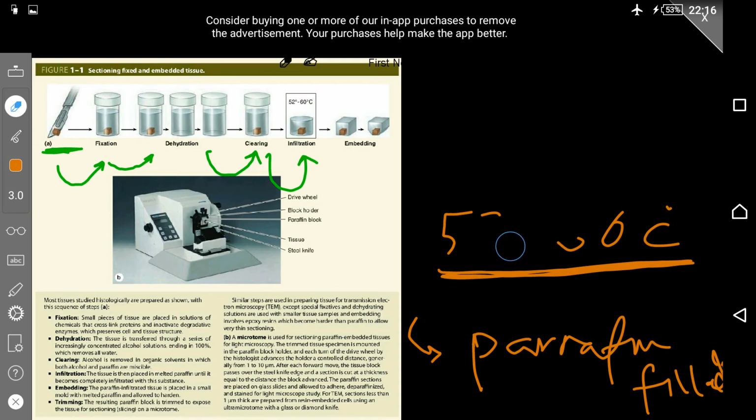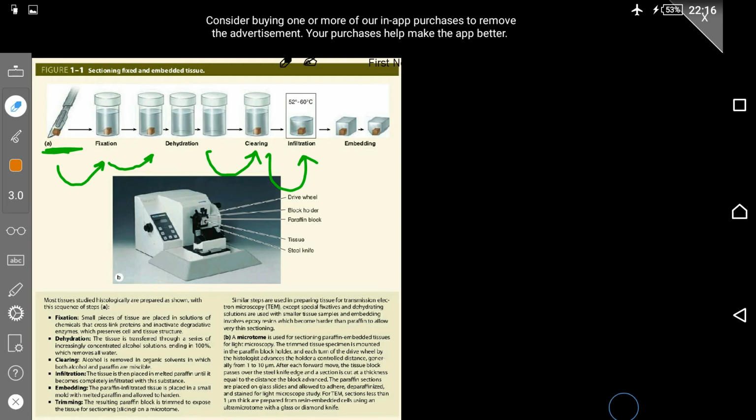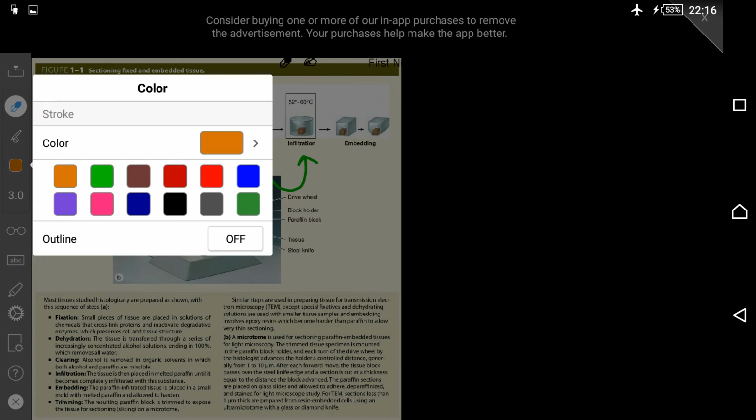The paraffin filled tissue needs to go through another step, and this other step is called embedding.